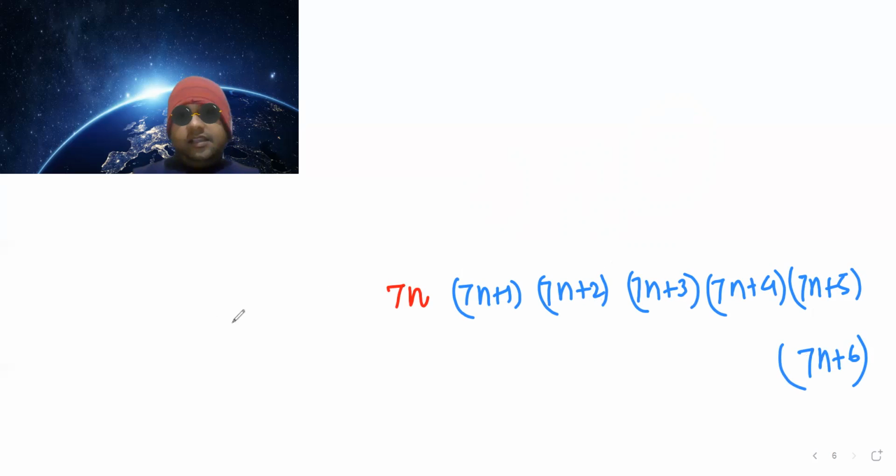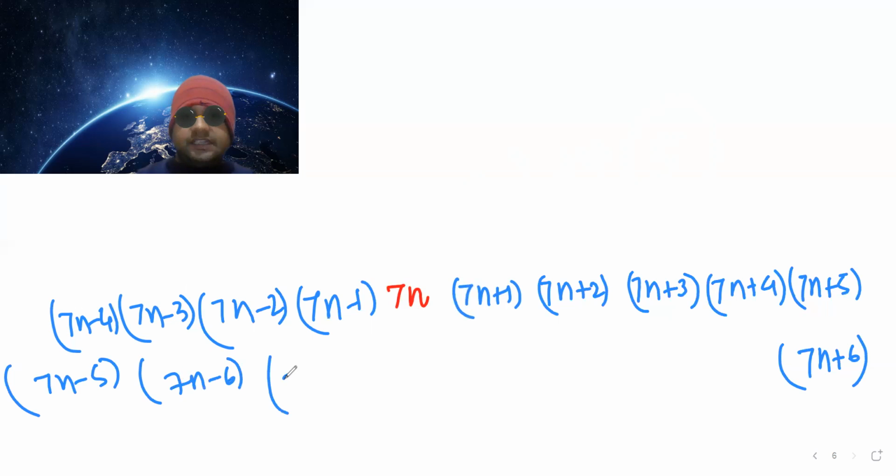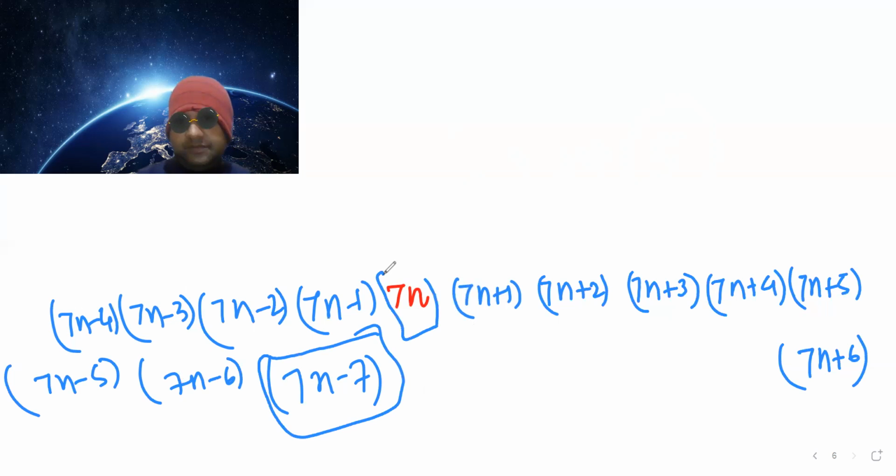Before that, we will get 7n minus 1, then 7n minus 2, 7n minus 3, 7n minus 4, 7n minus 5, and 7n minus 6. And then we will get 7n minus 7, which is nothing but a multiple of 7 itself.